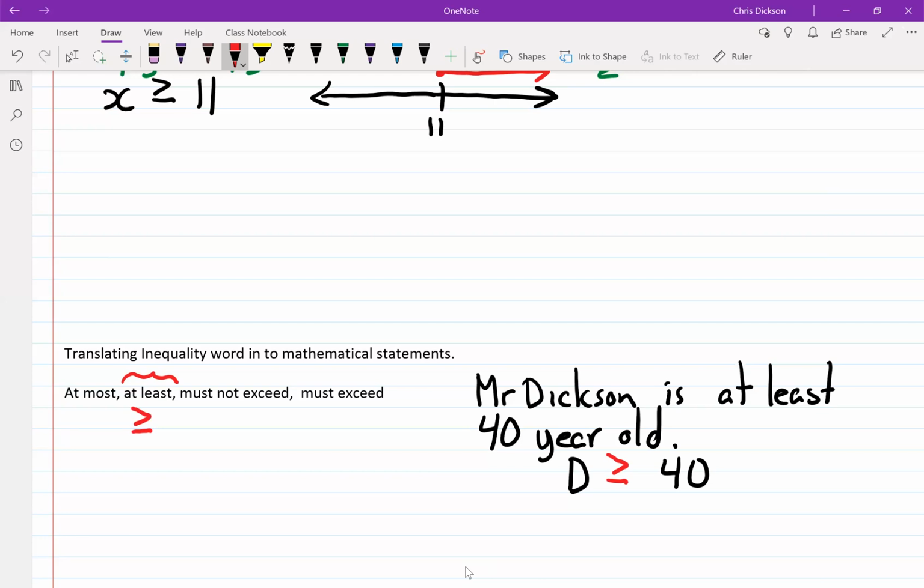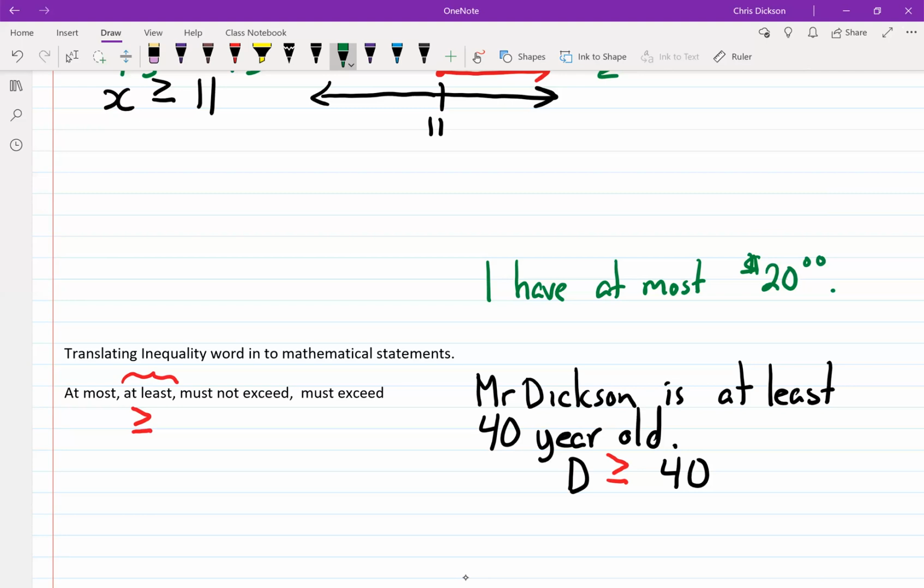Now, if someone said, I have at most $20. When you see that language, do you think that means that they have more than 20, or maybe less than 20, or maybe they can have 20?